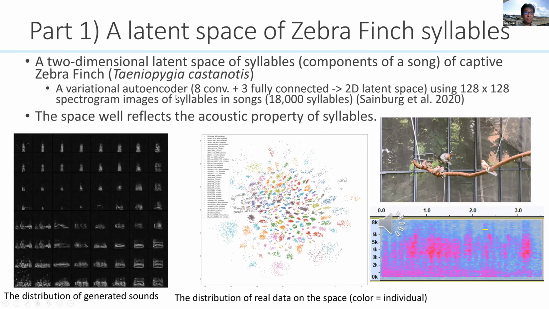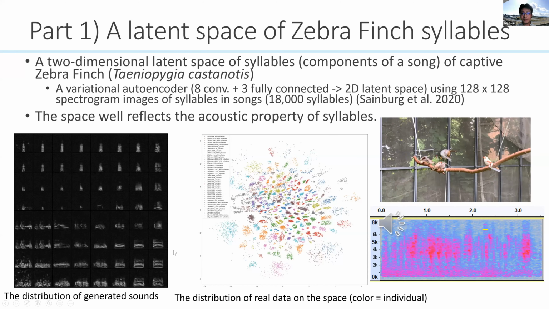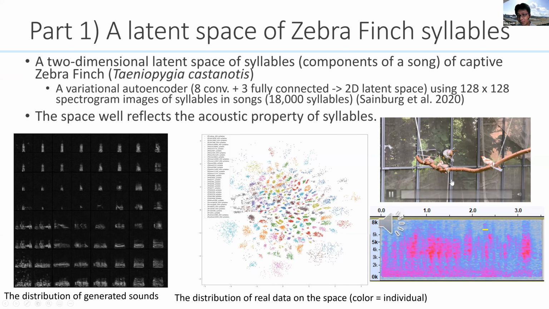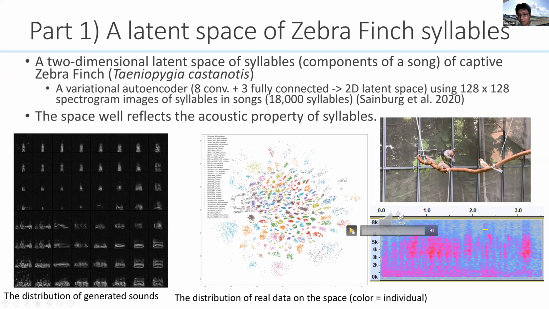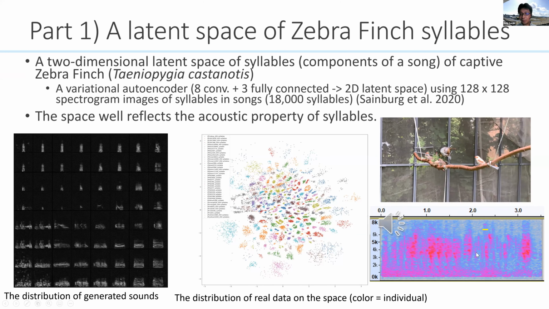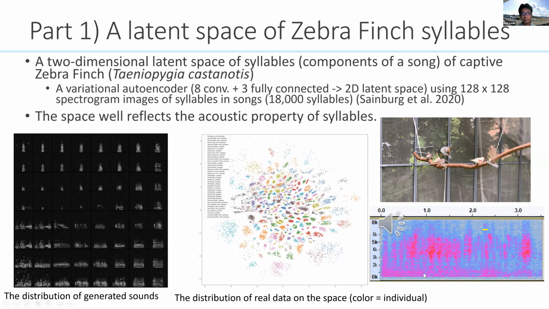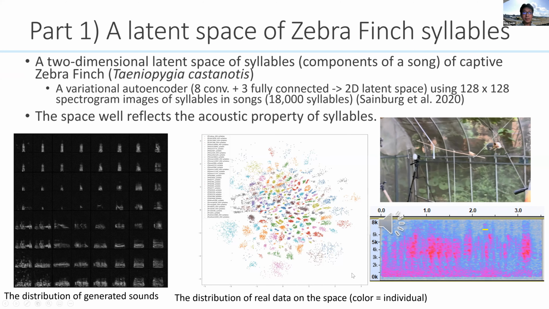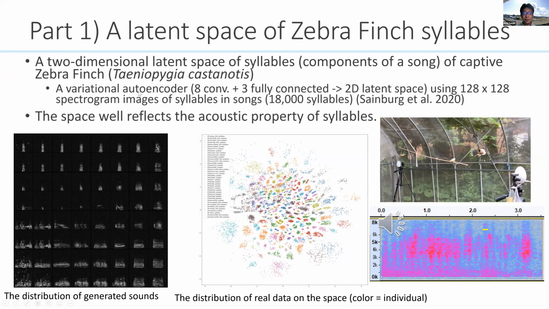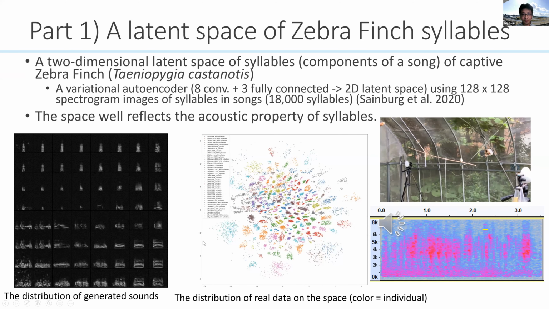As a first part, we created a latent space of the zebra finch syllable. This is a zebra finch, a typical model species. And this is a song of this species. The syllable is a small component of each song. We created this two-dimensional latent space using a variational autoencoder using the spectrogram images of the syllables in songs.